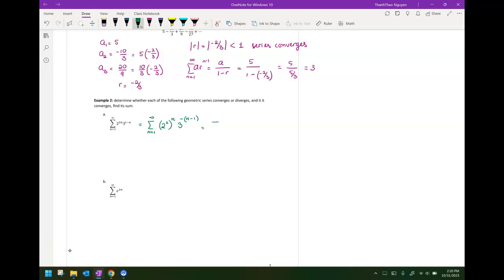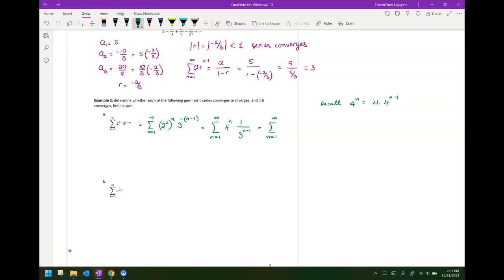Simplify this. This is the sum from n equals 1 to infinity of 4 to the n times 1 over 3 to the n minus 1. I can simplify this a little more. Recall 4 to the n is the same as saying 4 times 4 to the n minus 1.